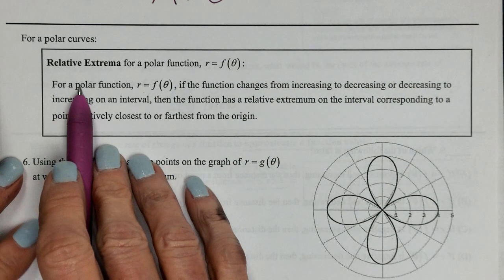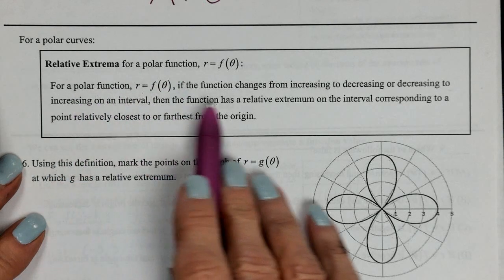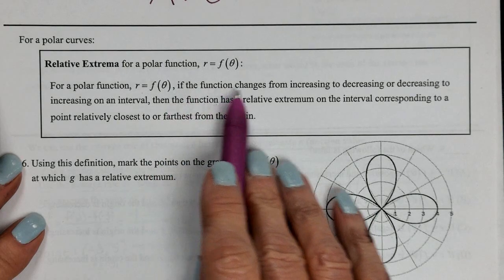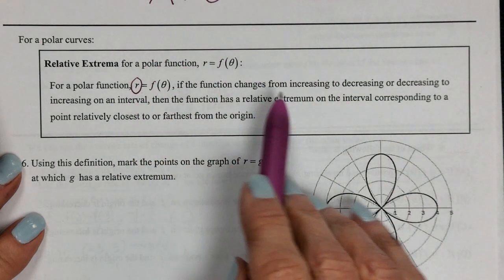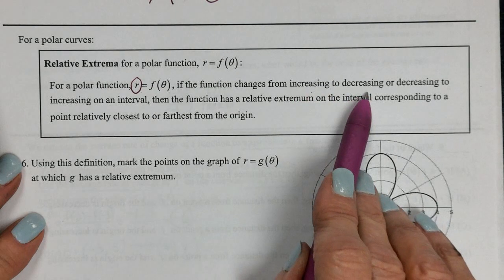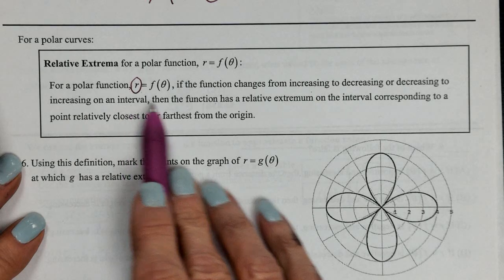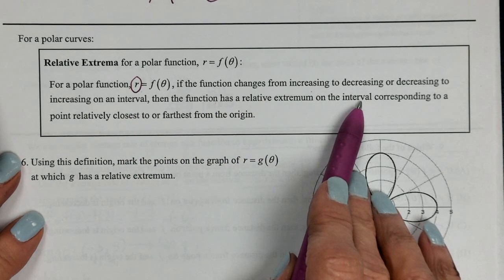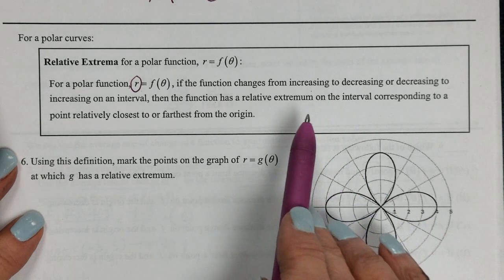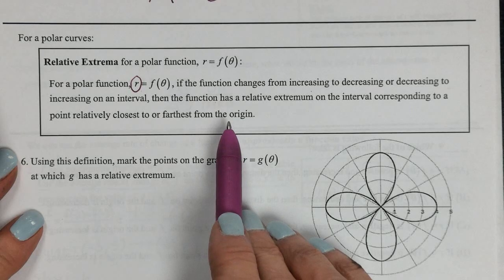Okay, for polar curves, here's our definition for relative extrema of a polar function. For a polar function, if r changes from increasing to decreasing or decreasing to increasing on an interval, then the function has a relative extremum on that interval. And it corresponds to a point that is closest to or farthest from the origin.